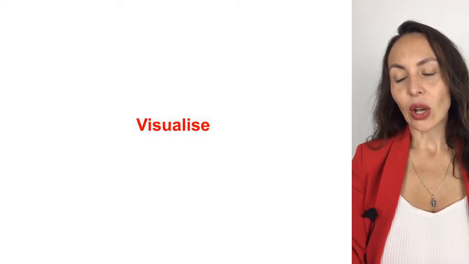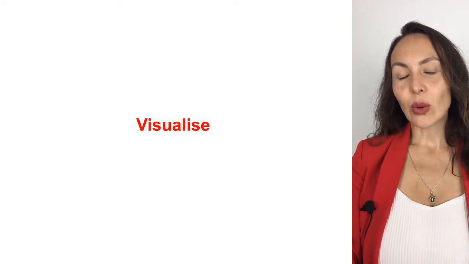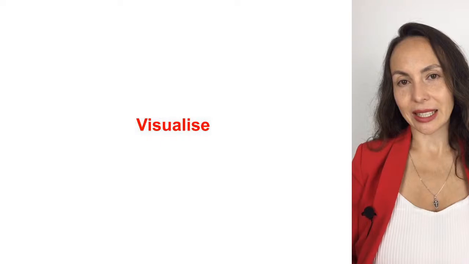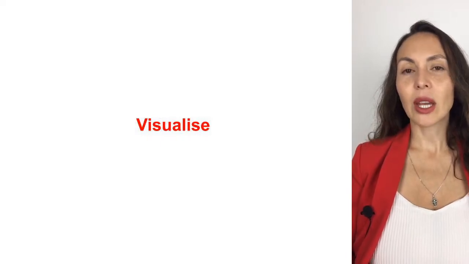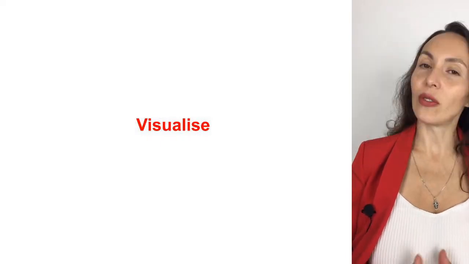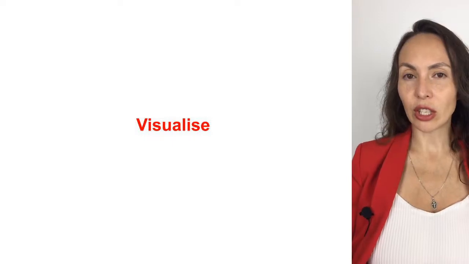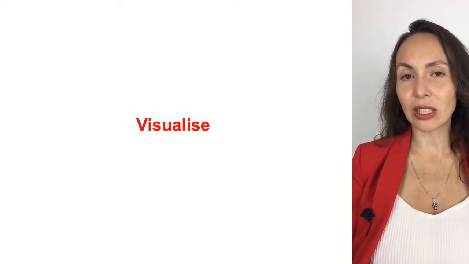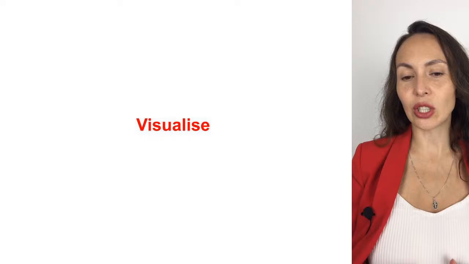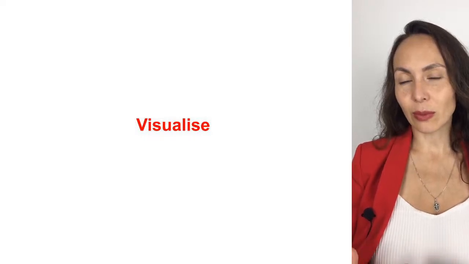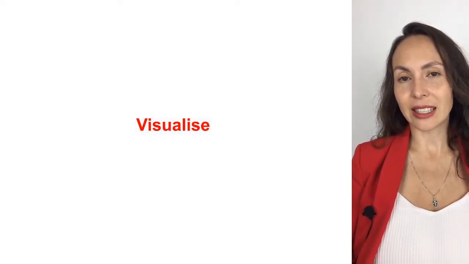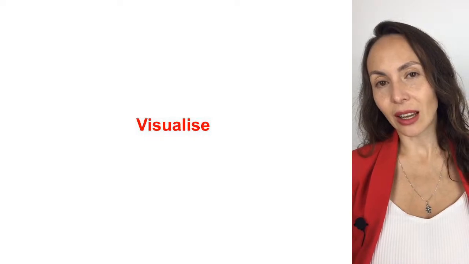So, what do you need to do? You need to visualize. Every single time you need to visualize every situation that you're facing, you want to describe, you want to talk about. You have to imagine this situation. Like those cats, where is the subject? Where is the object? What is the object?